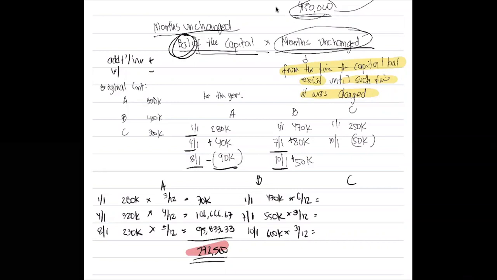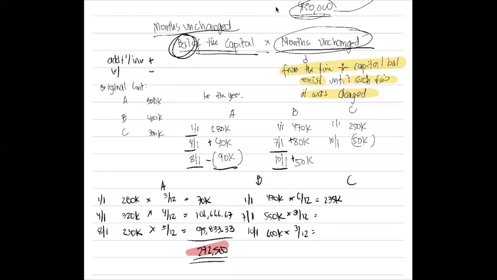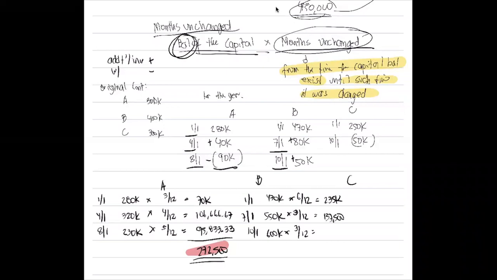470,000 times 6 over 12 will give us 235,000. Next, 550,000 times 3 over 12 will give us 137,500. And then for October 1, we have 600,000 times 3 over 12, 150,000.